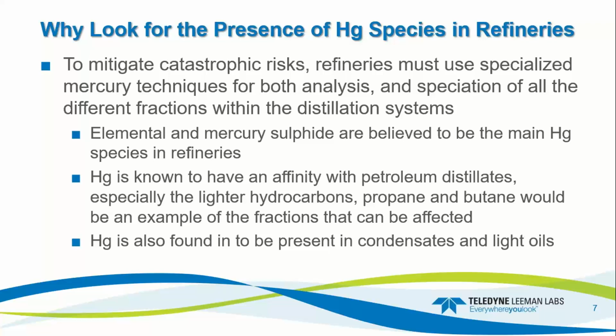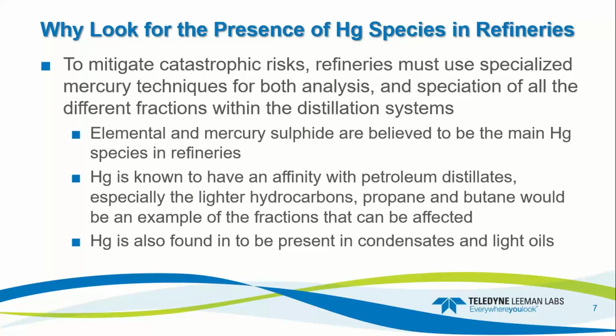To mitigate the catastrophic risks, refineries typically specialize in techniques for analysis of mercury. They want to look at the species and all the different fractions within the distillation systems. Elemental mercury and mercury sulfide are believed to be the main species in the refineries.